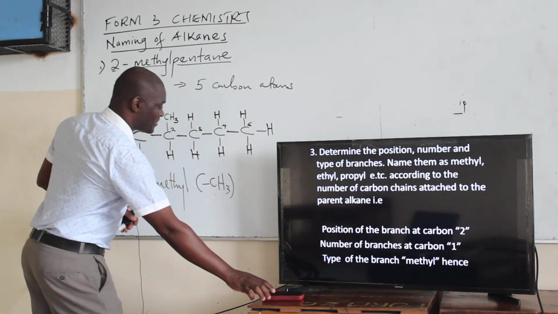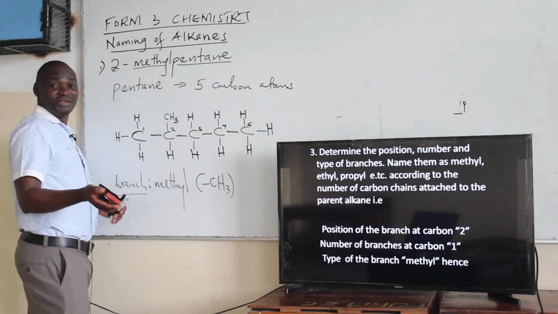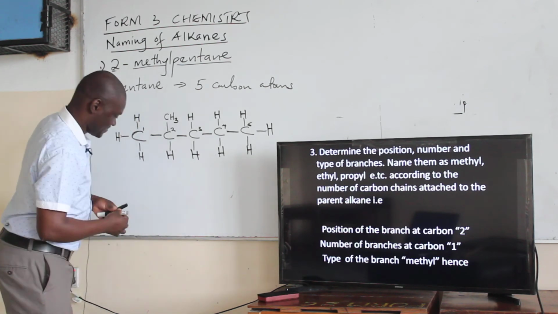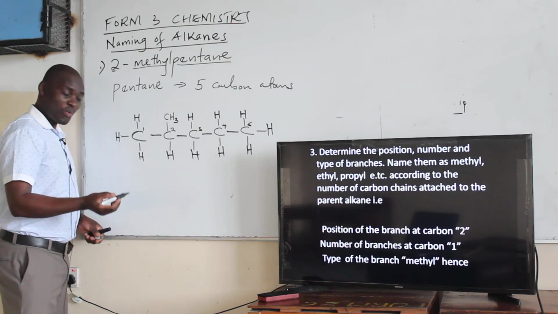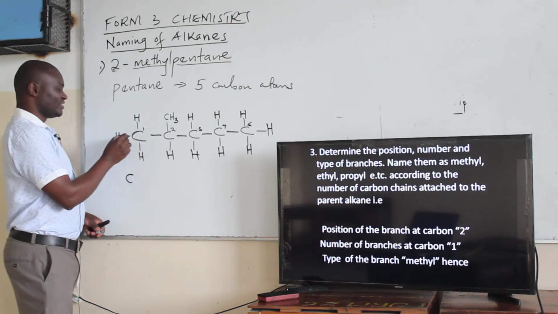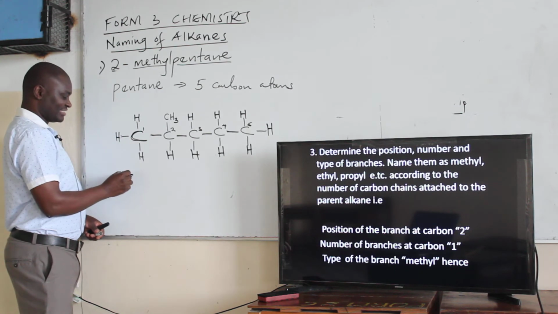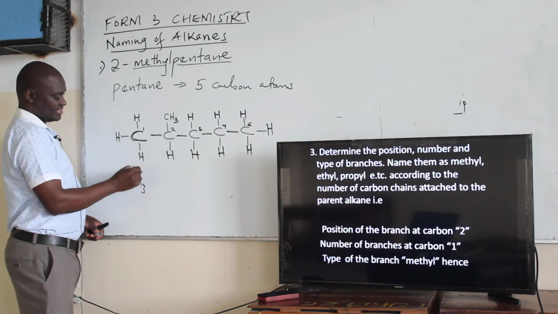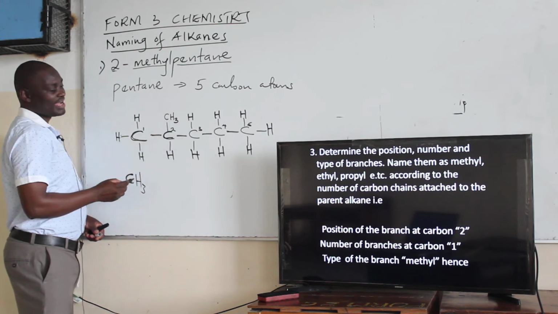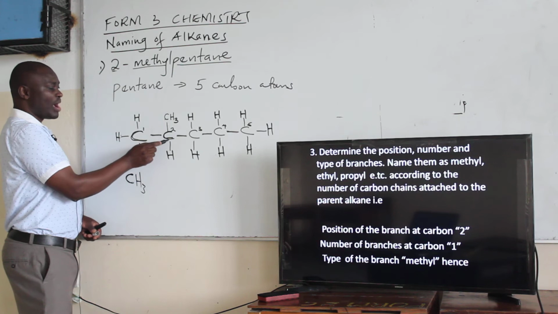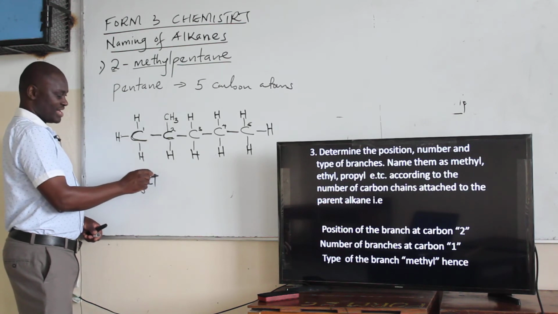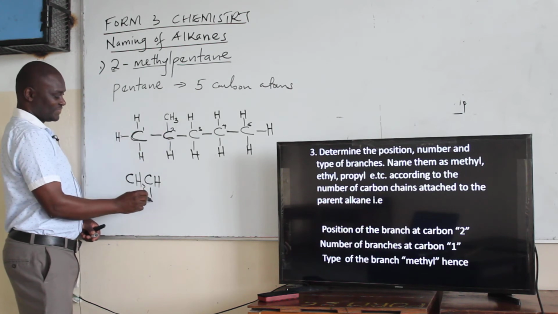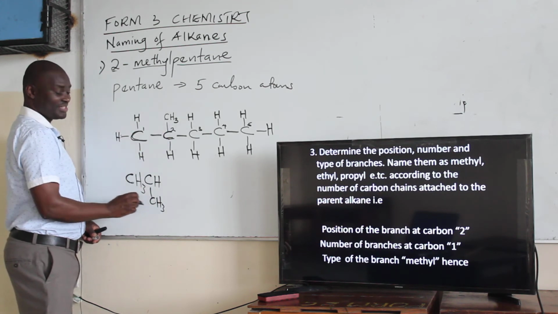We can also write this structure in condensed form, where we have the first carbon as 3 hydrogens. The second carbon has 1 hydrogen, but there is a CH3 methyl.